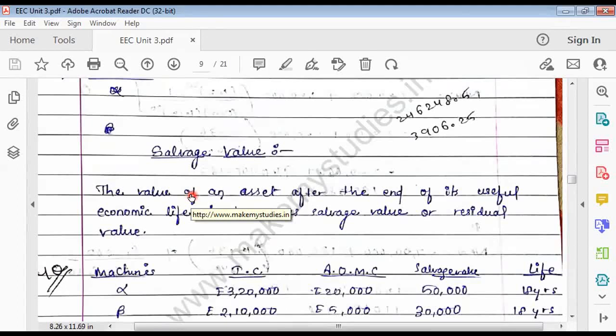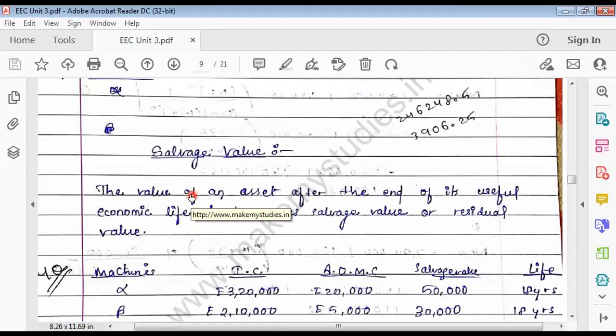If you remember, when a machine goes out of order, it cannot be used in production further. What do the owners of those machines usually do? They usually sell it to the kabadiwala, and in return they get some money, and that money they receive after selling those old outdated assets is called salvage value.